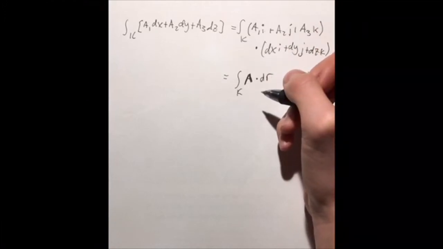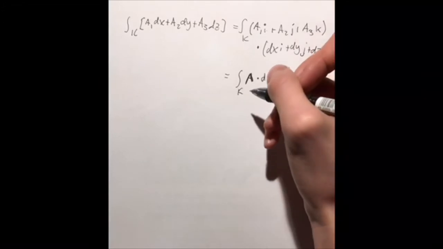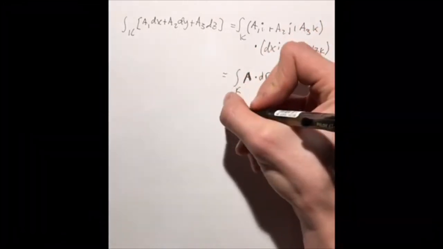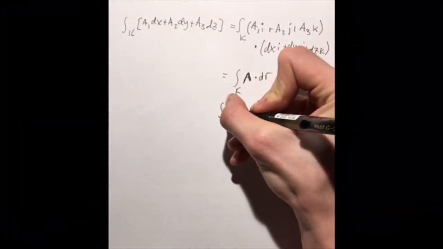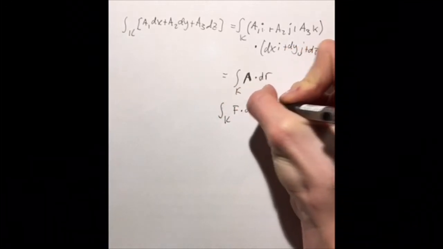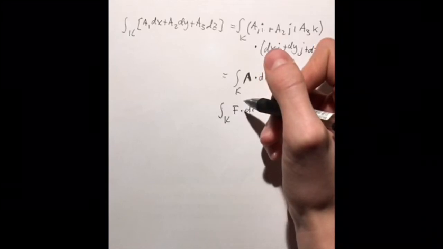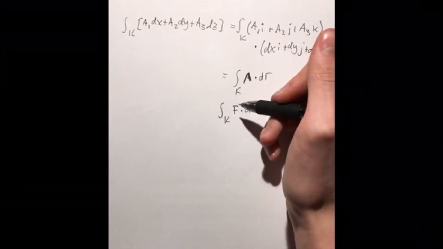If at each point x, y, and z we associate a force F acting on an object, that is, a force field is defined, then this can be expressed as the integral over K of F dotted with dr. This represents physically the total work done in moving the object along the curve K.